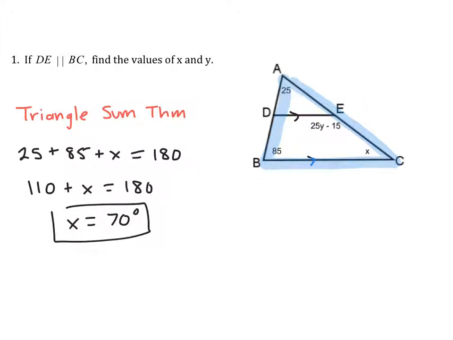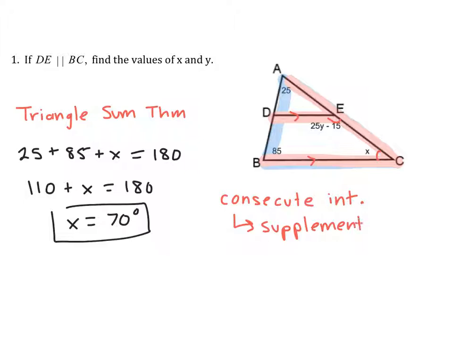So now that we know what x is, we can find y. So here we're going to use the two parallel lines cut by a transversal. So you can see that the relationship between the two angles here and here is consecutive interior. And we know that consecutive interior angles are going to be supplementary, which means that they add up to 180 degrees.